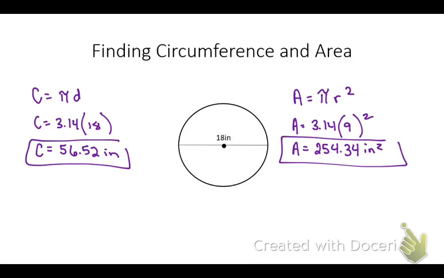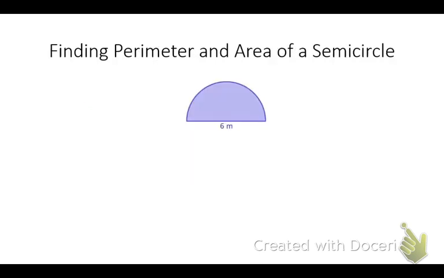Okay? All right, so now let's do perimeter and area of a semicircle. So here's where I have to kind of modify those formulas. Because remember, a semicircle is how much of a circle? It's half of a circle. Do y'all remember the formula for circumference? C equals, which formula do you want to use? 2 pi r or pi d?